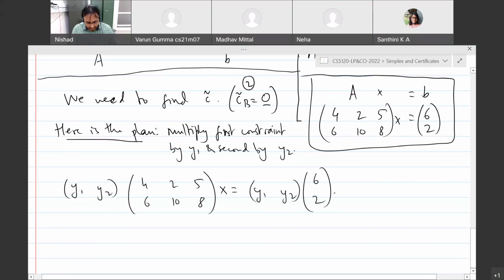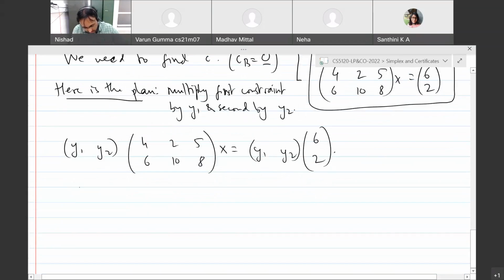And that means that I can also just rearrange things and get 0. Right? So y1, y2 times 6, 2 minus y1, y2 times whatever the left hand side is.